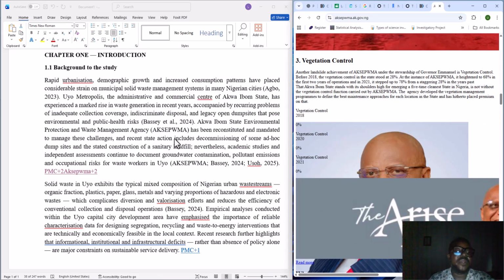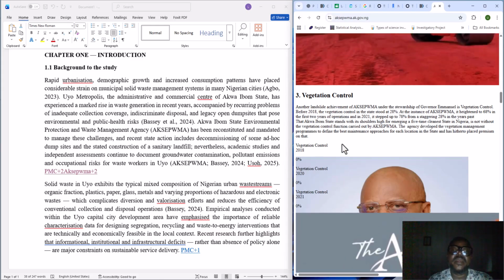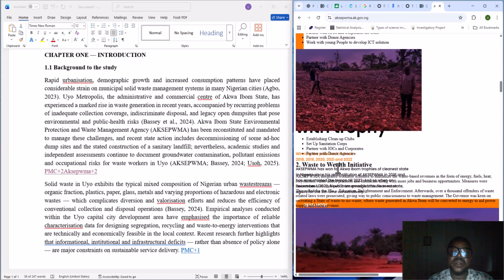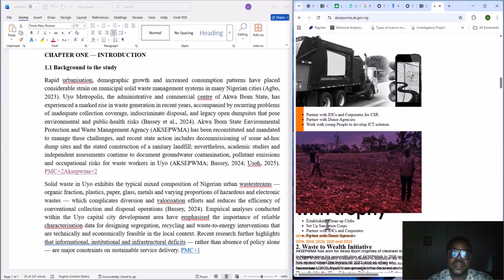So what specifically was said here? Protection of waste management agency has been reconstituted and mandated to manage these challenges. Okay, which is public health, and we talked about establishing clean-up clubs.